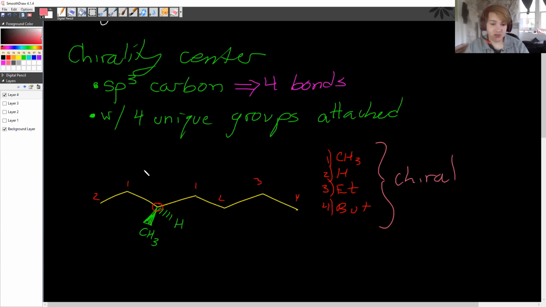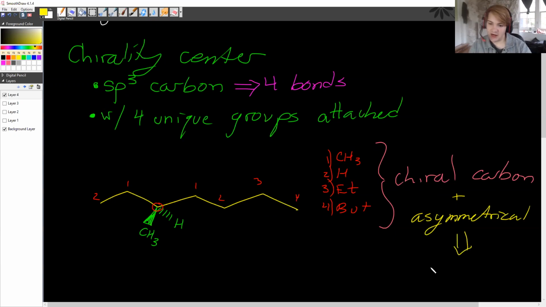And then we check to make sure that it's not symmetrical, and what we see is that this molecule is in fact asymmetrical. So this molecule is chiral. It has a chirality center, and it's asymmetrical, so it is a chiral molecule.